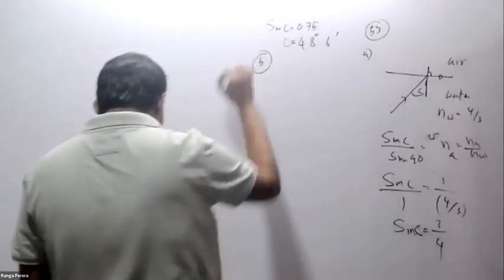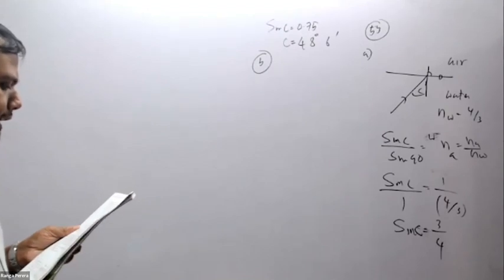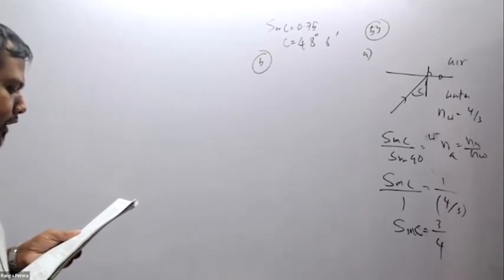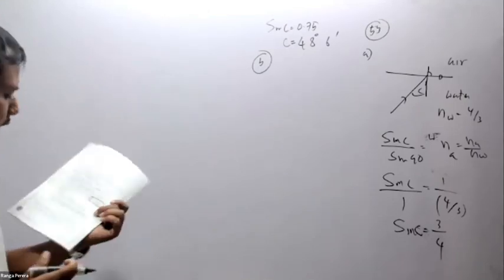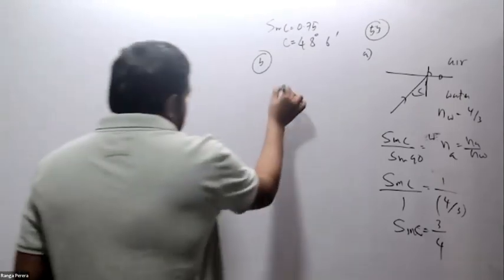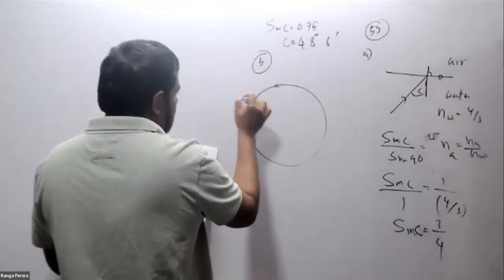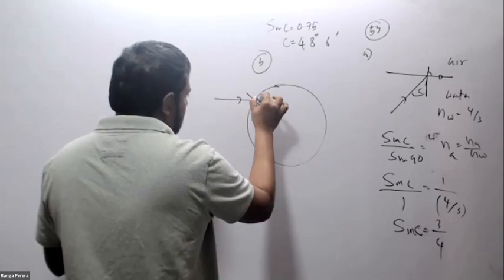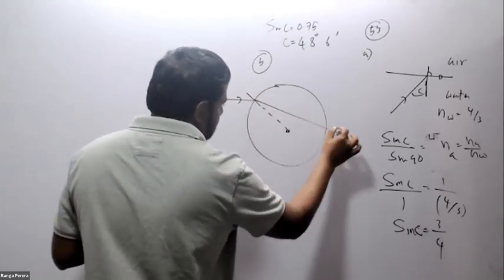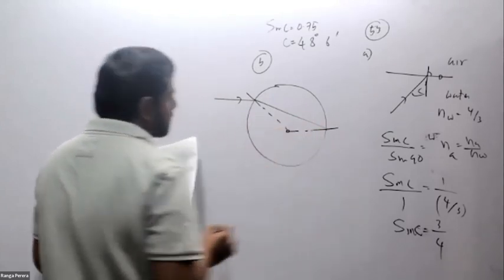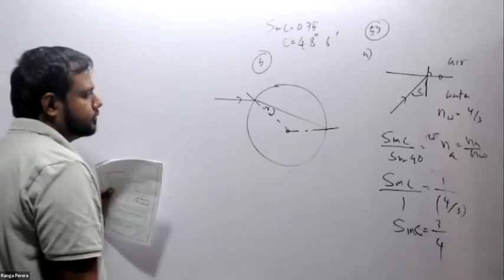Part B. Giving reason, show that the ray of light can never be totally internally reflected from the opposite surface of the raindrop for any angle of incidence i. Let's say this is r.